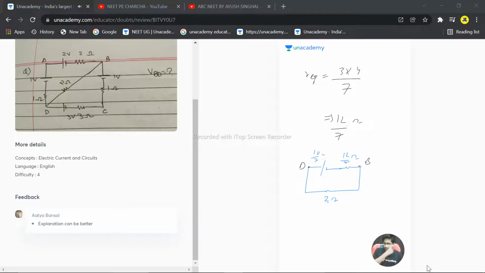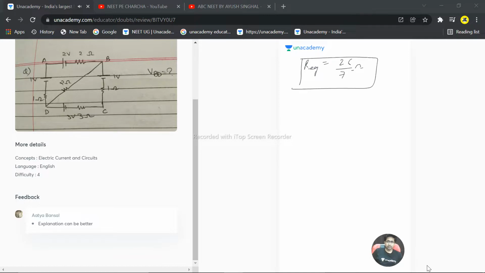Our target is just to calculate the potential difference across this. So first of all, I'm calculating the capital R equivalent of this entire circuit, that is 12 by 7 plus 2, so that will be 12 plus 14 by 7. So the R equivalent of the entire circuit is 26 by 7 ohm, and E equivalent is 10 by 7 volt.